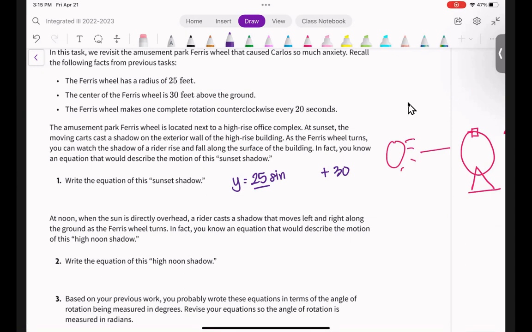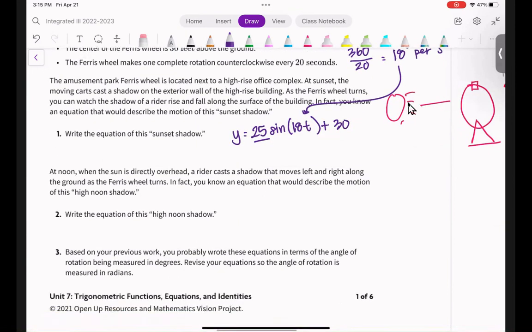And then if you also remember, it takes 20 seconds to go all the way around the circle. So we go 360 divided by 20 is equal to 18. And this is our angular speed, right? It's degrees per second. And so this 18 goes right there. I think that was a confusing part for you guys the last time. And so I'm going to put a T there. And that's our equation, right?